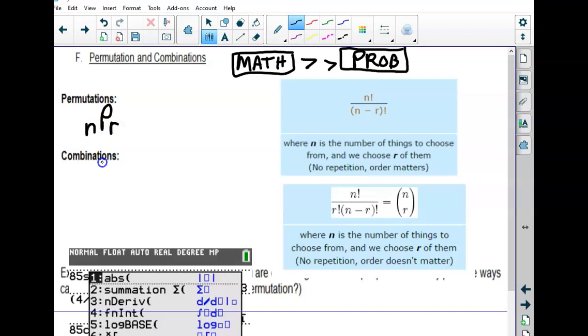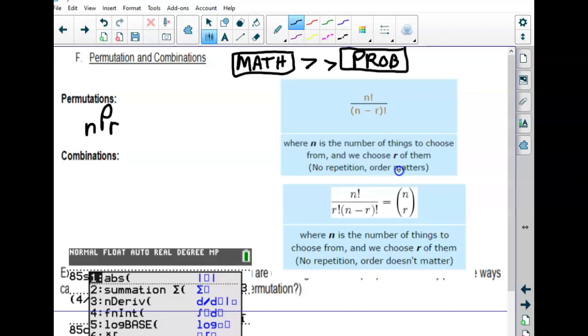But let's talk about what permutation means. This is the formula for permutation, but you're not going to need to know it because this button will do it for you. A permutation is when n is the number of things to choose from, and we choose r of them without repetition.